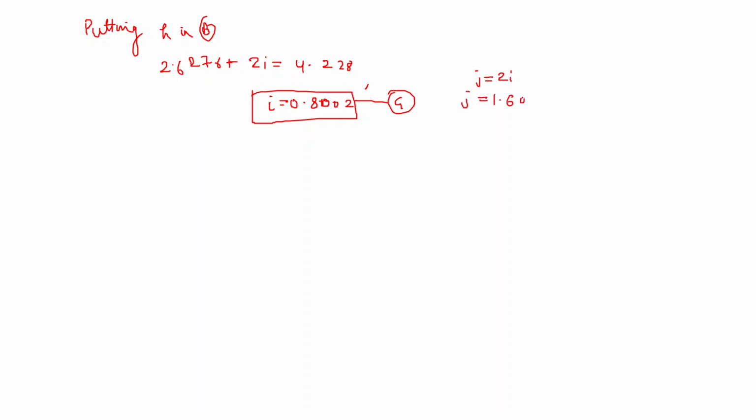It is 1.6004. Put I in equation A and we will get M equal to 5.3548. So now we have got all the variables.